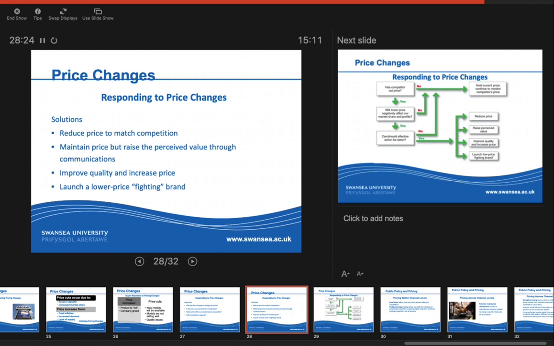Improve quality and increase price, and a lot of that comes down to the marketing and brand image, or launch a lower price fighting brand. So in other words, you can develop a similar product. It could be exactly the same product, and have what we call a diffusion brand.